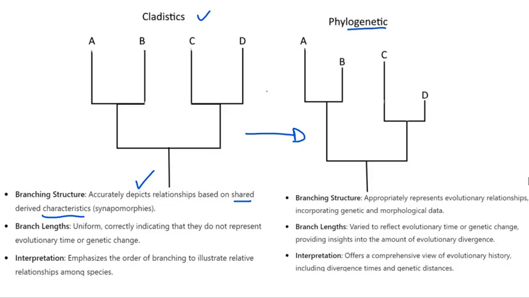The principal feature of a phylogenetic tree is an attempt to show the evolutionary relationships, including both genetic and morphological data. As a consequence, notice that these branch lengths are different, and what they're trying to do is to indicate evolutionary time and the events which occurred in evolutionary time.